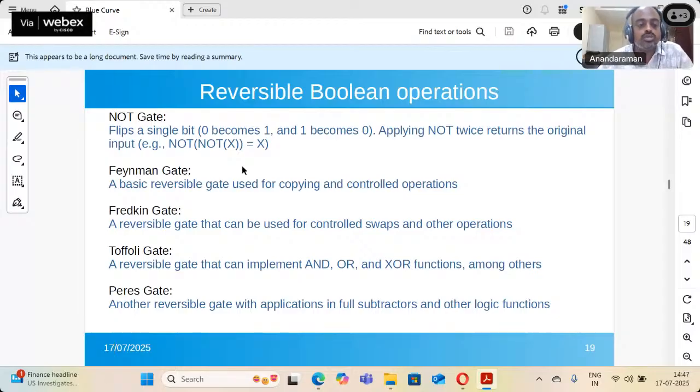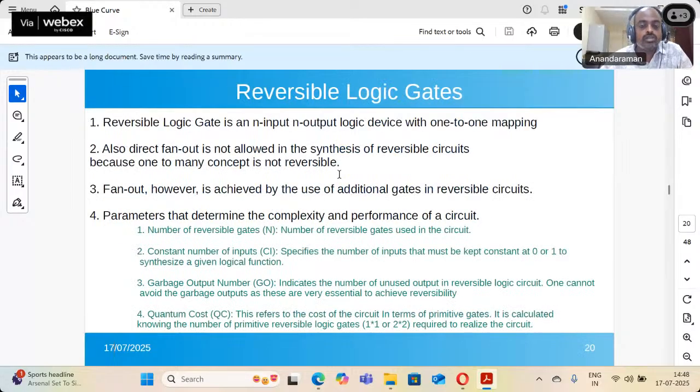Applying NOT twice returns the original input. Feynman gate is a basic reversible logic gate used for copying and controlling operations. This is nothing but the CNOT gate. Fredkin gate is nothing but the CSWAP gate. We will see each of them and their logic.